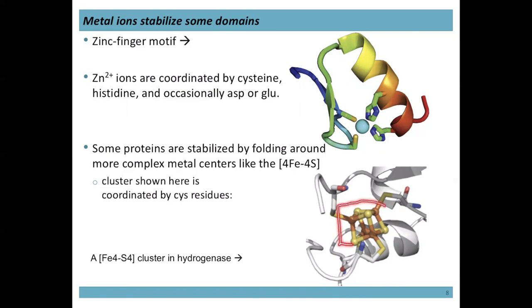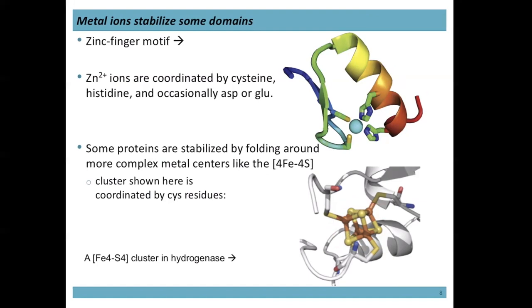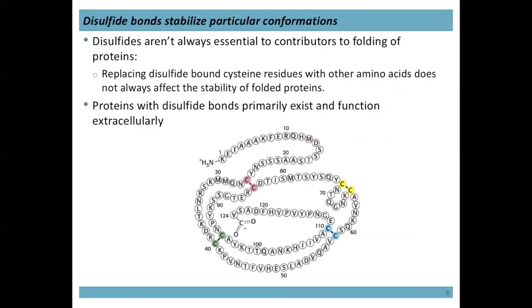This is what's called an iron sulfur cluster: 4 irons, 4 sulfurs in a cluster, and then you get additional thiols from the cysteine residues interacting with the irons there. These do some very interesting chemistry. If you want to know more, you can talk to Dr. Pierce. This is one of her favorite things to talk about.